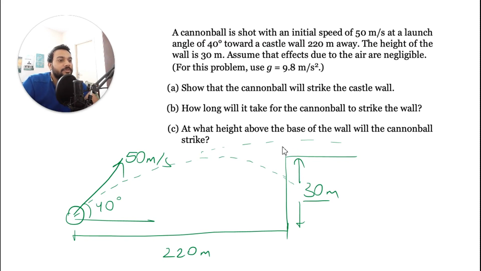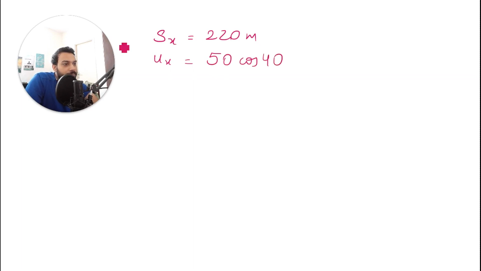We'll split the motion into two axes, the horizontal and vertical. In the horizontal one, we have displacement, so Sx is equal to 220 meters, and the initial velocity, Ux, that's going to be 50 cos 40 degrees. And rest, we don't have any other information.